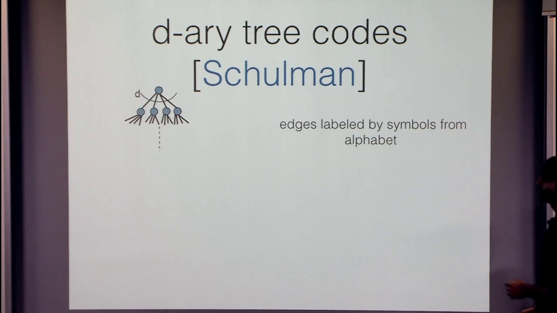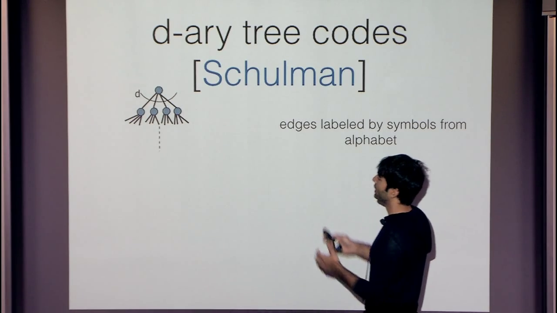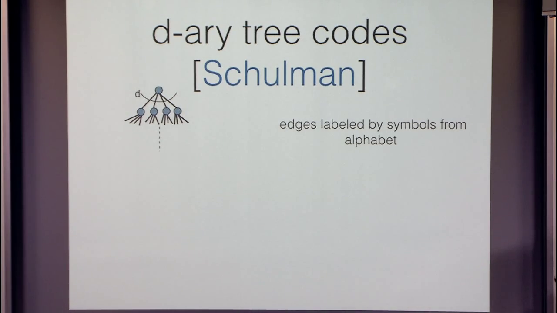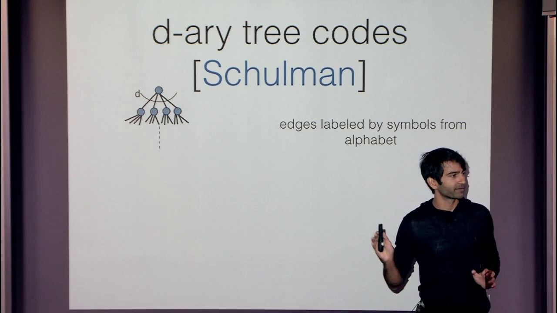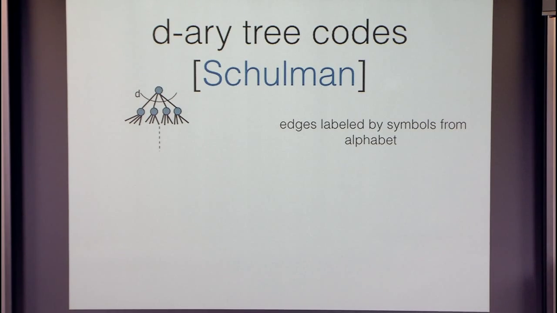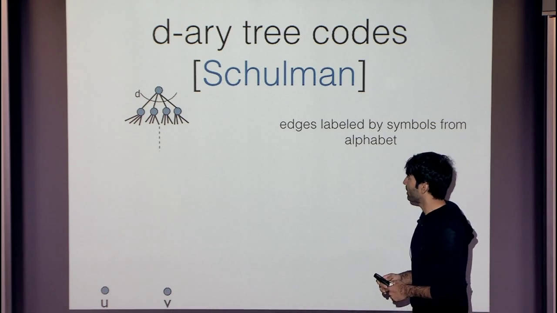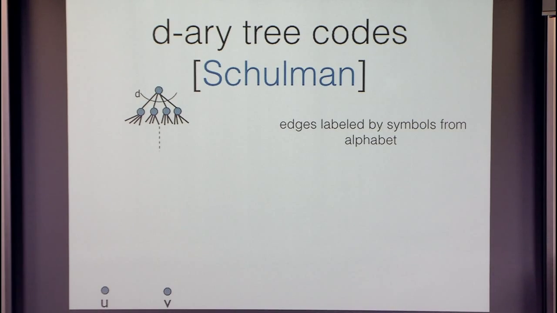So what is a tree code? A D-ary tree code is a D-ary tree where all the edges of the tree are labeled by symbols from some alphabet. And the property we want of this labeling is the following distance property.